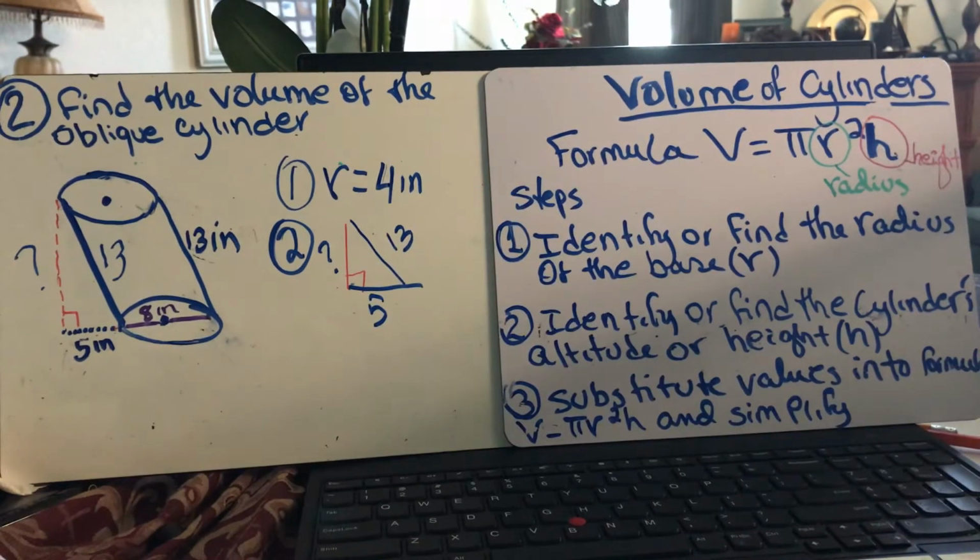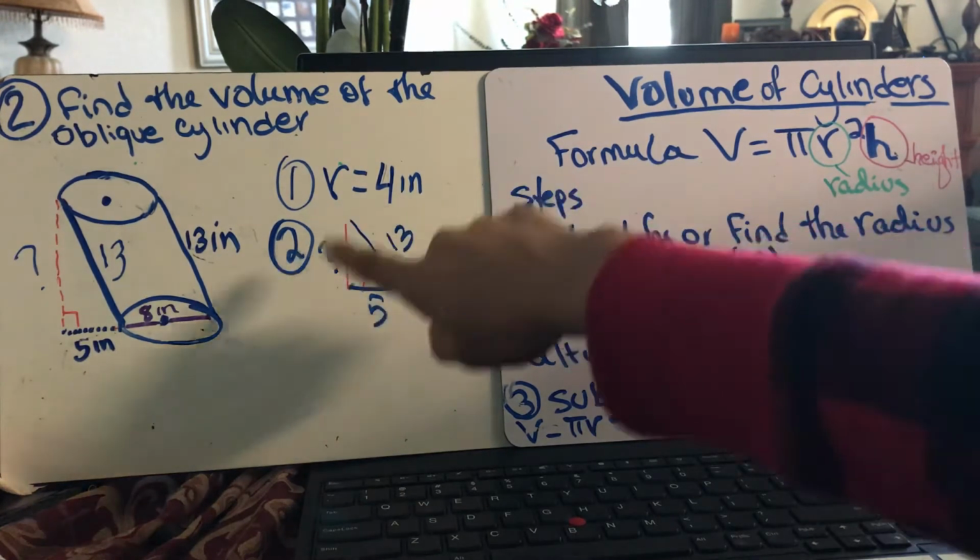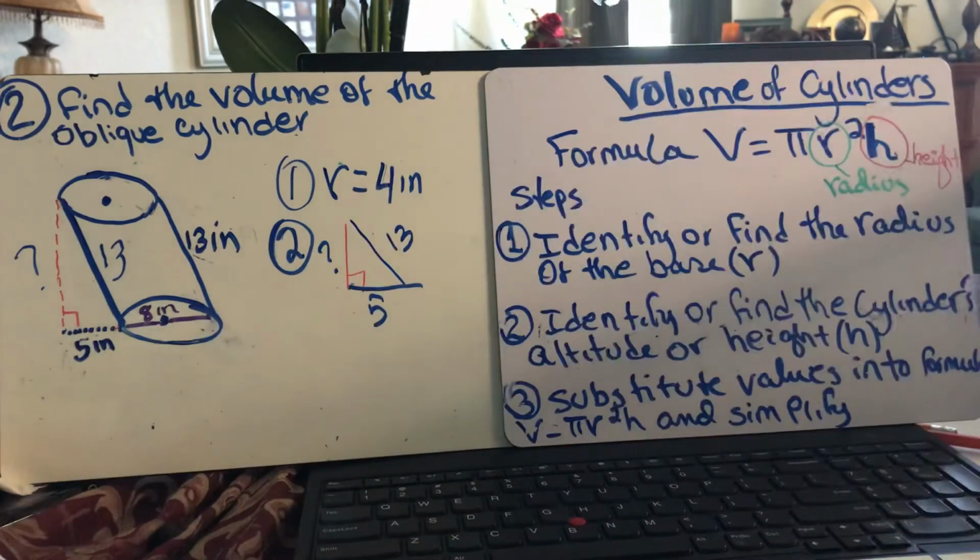Of course, if we have two sides of a right triangle, we need to use the Pythagorean theorem to find the third one. Sometimes you might just have an angle and one side. Don't forget that for cases like that, we use SOHCAHTOA, and you're going to have that on your worksheet. So Pythagorean theorem to find the third side.